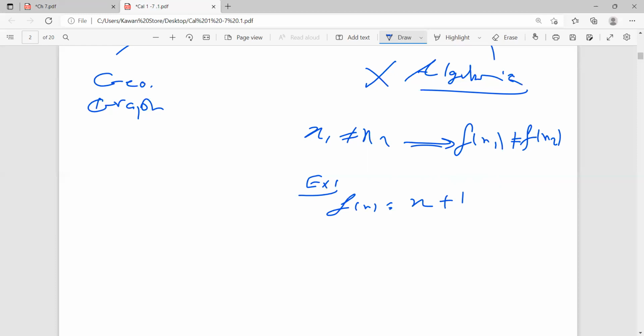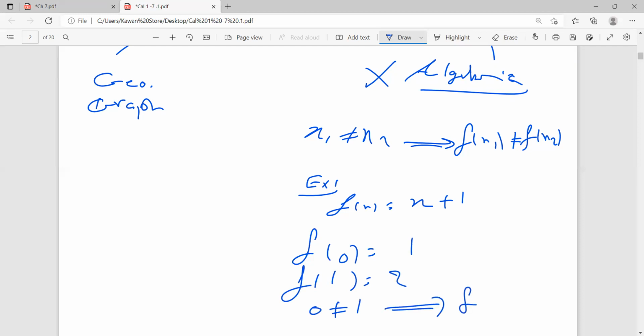For example, f of 0 gives 1 and f of 1 gives 2. So 0 is not equal to 1, and f of 0 is not equal to f of 1, because 1 is not equal to 2.